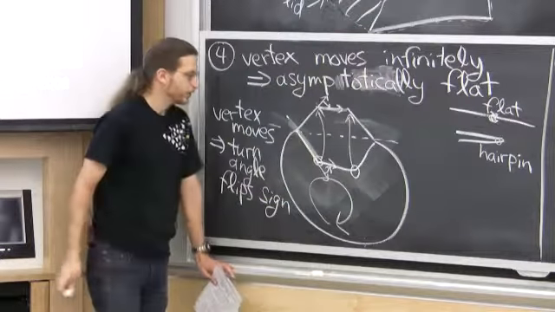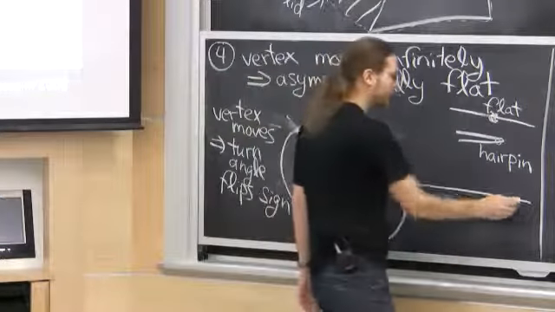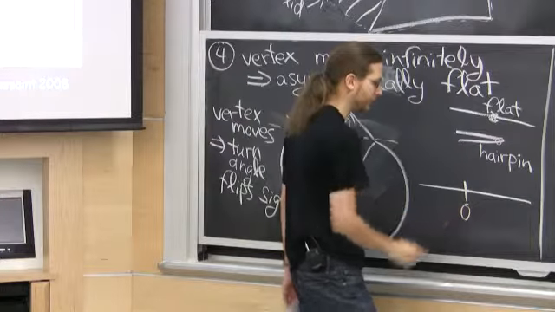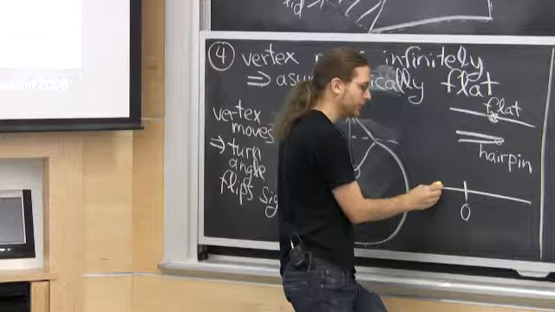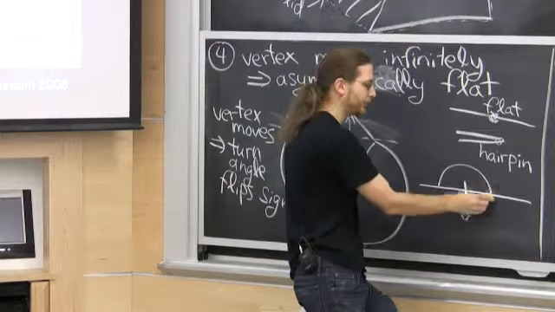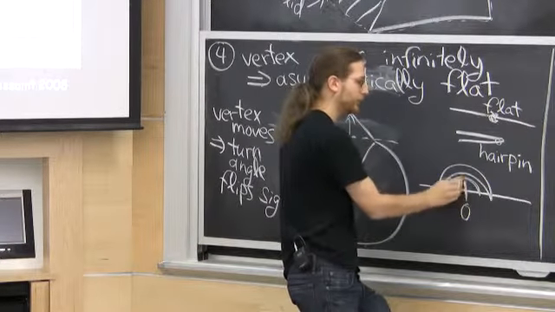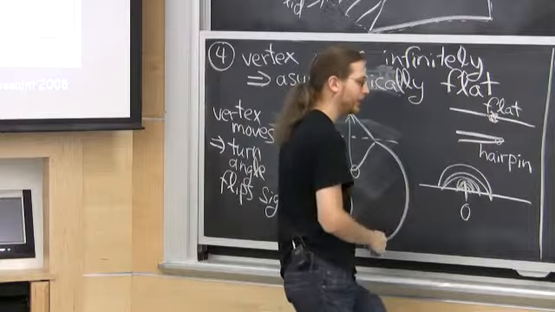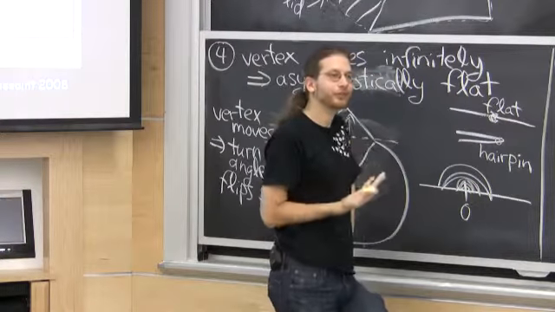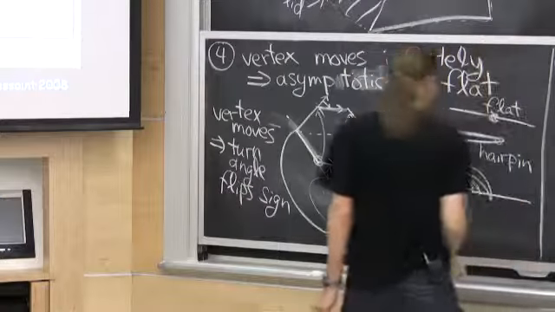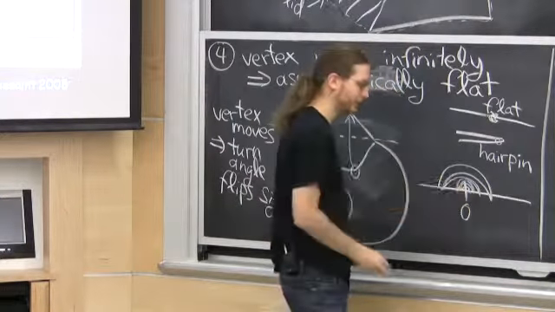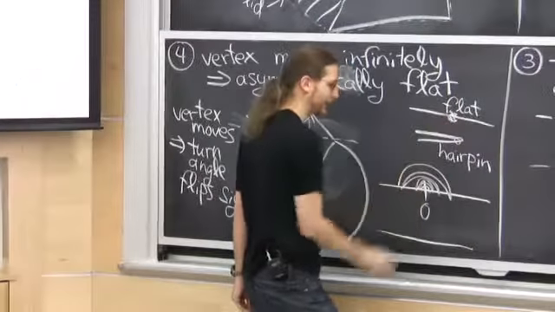So what this means is if you measure a turn angle over time, here's 0, these are the negative values, these are the positive values, it starts at some value, and then every time it moves, it flips sides. And we also know that it converges to some value, it has a unique limit. So I claim it has to look like this and converge to 0, which would be the flat case.